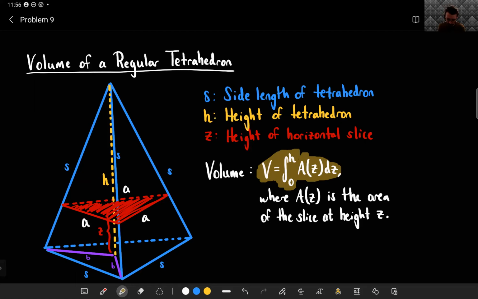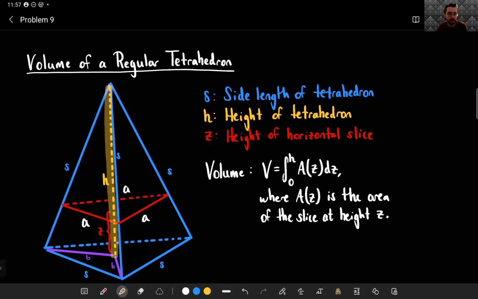The main part of this problem is honestly just finding a formula for the area of the red slice. It's a whole lot of geometry, and it can take you a while if you don't know the right steps to take. I've added some things to this drawing. The first thing I added was a line of altitude, a straight vertical line dropped from the tip of the tetrahedron down to the base of the triangular bottom.